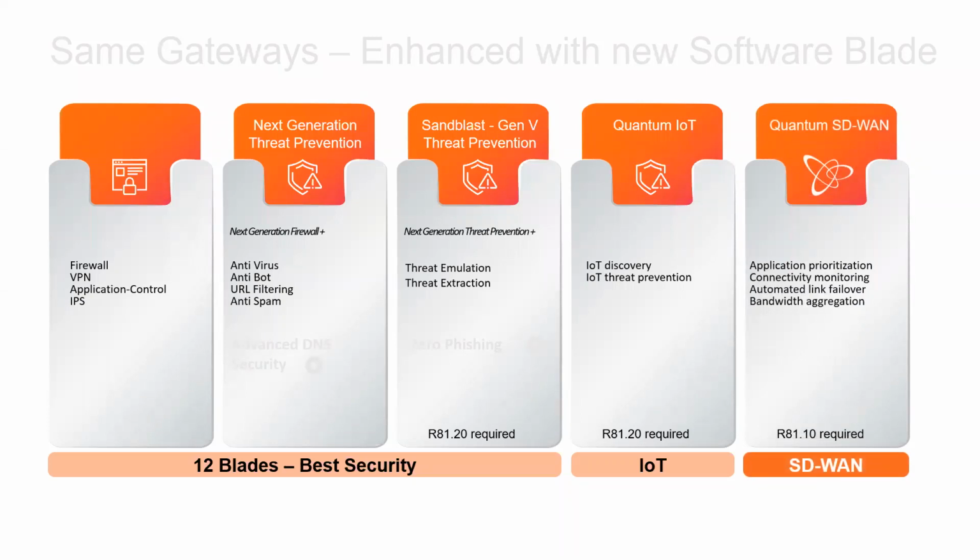So we have added SD-WAN to our firewalls. And so you get the same great features, all the things on the left that we've always had, and on the right, SD-WAN.